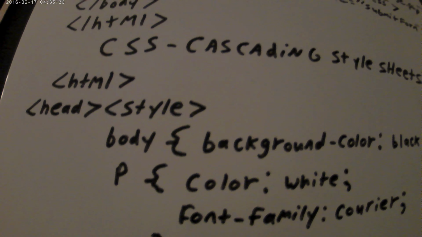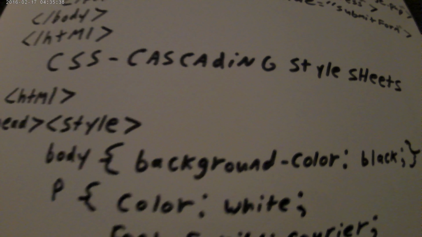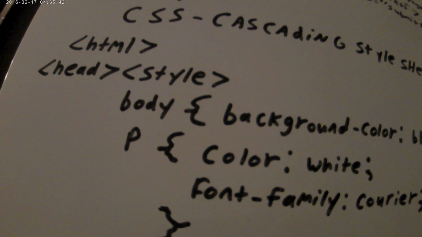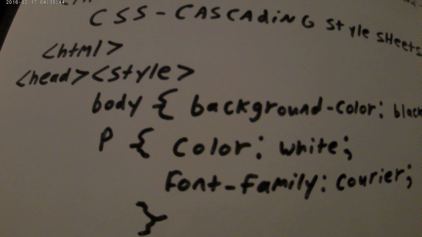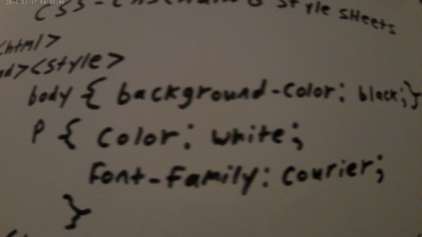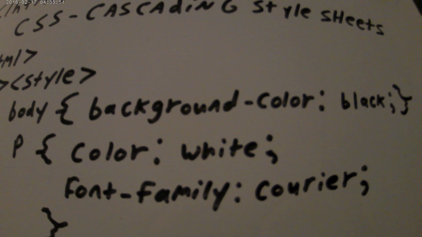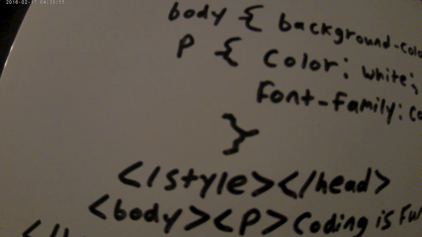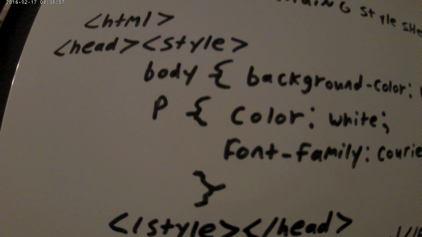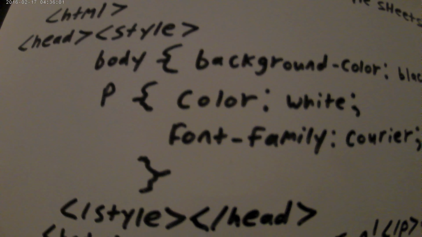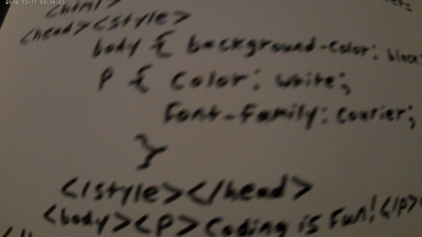So for the body, we have a background color of black, and for each of the paragraph tags, we have a text color of white, and the font we will be using is called Courier. So then we have our closing style tag that's nested within our two header tags.